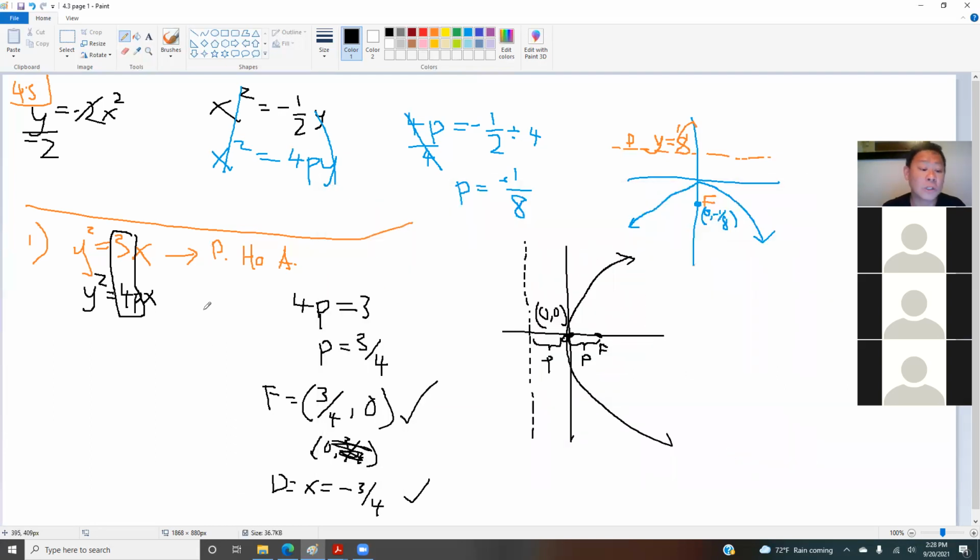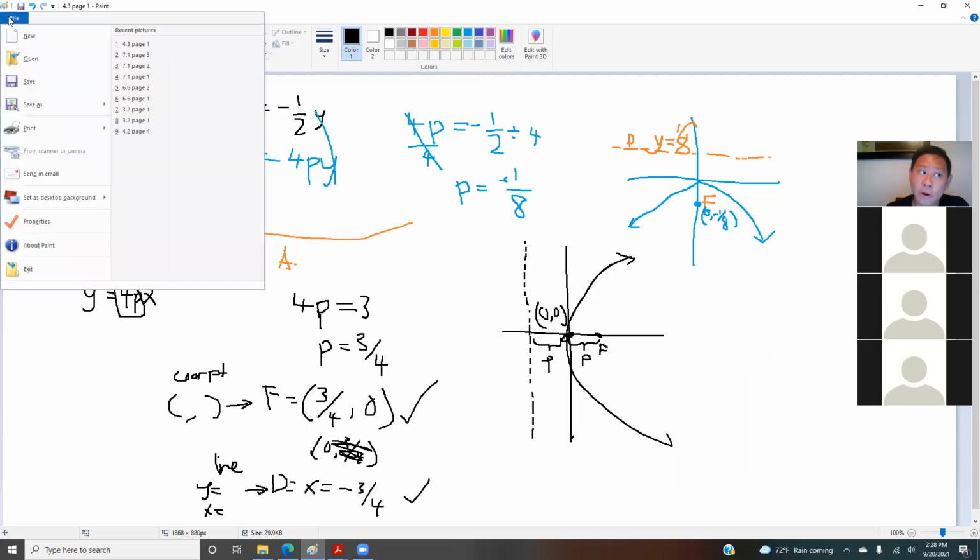The focus is a coordinate point, and the directrix is a line. When I say line, it has to be either y equals or x equals, depending on whether it is vertical or horizontal. Questions?